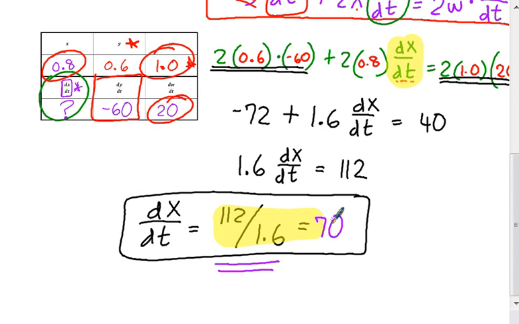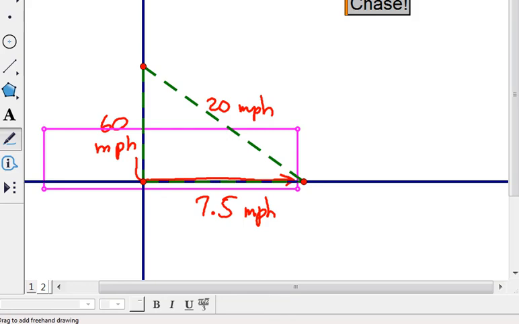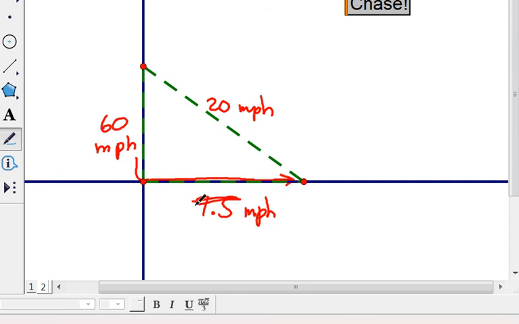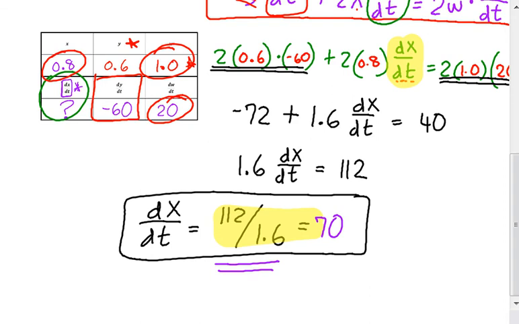And I said, man, my answer suggests that that speeding car is moving too slow. Have I made a mistake? Let me go back and check my work. And in fact, I did make a mistake. I did find it. And now I know that in fact, that car is speeding away at a more realistic 70 miles per hour. Okay, I hope this problem has helped you to understand related rates problems.